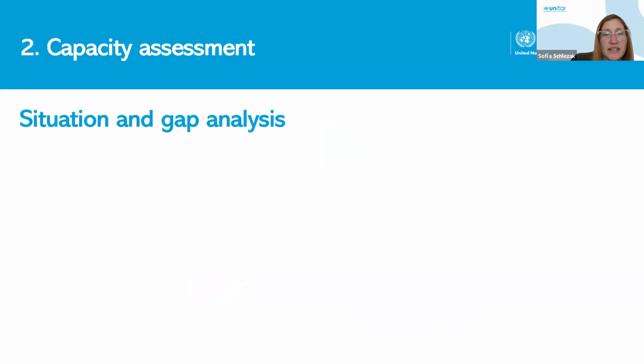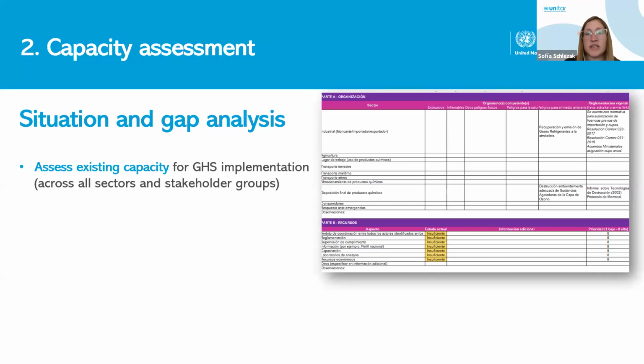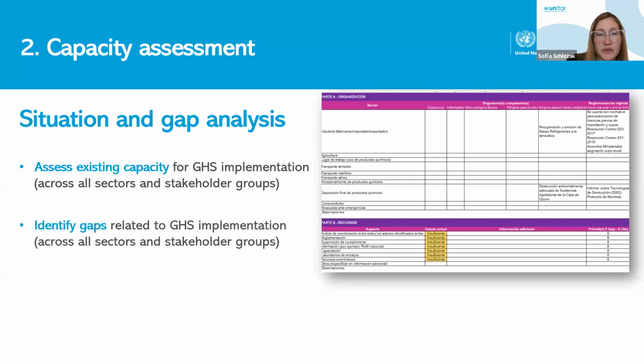So then for capacity assessment, as I said, the first stage was to share an Excel spreadsheet to complete. So the countries received this, and this is divided in two different sections. First one regarding organization and the institutional framework, and the second one is more related to resources available.